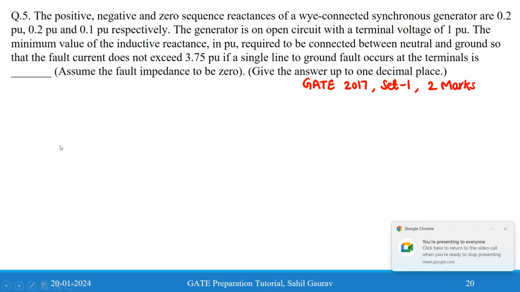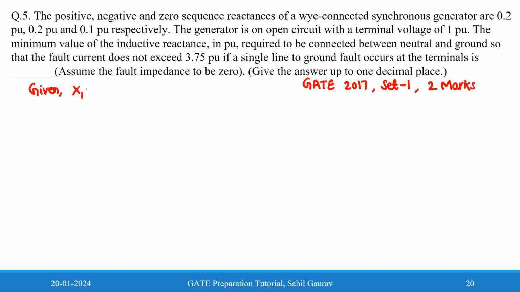So the problem says that the positive, negative and zero sequence reactances of a star connected synchronous generator are 0.2 per unit, 0.2 per unit and x and 0.1 per unit respectively. So what are the things we have given?